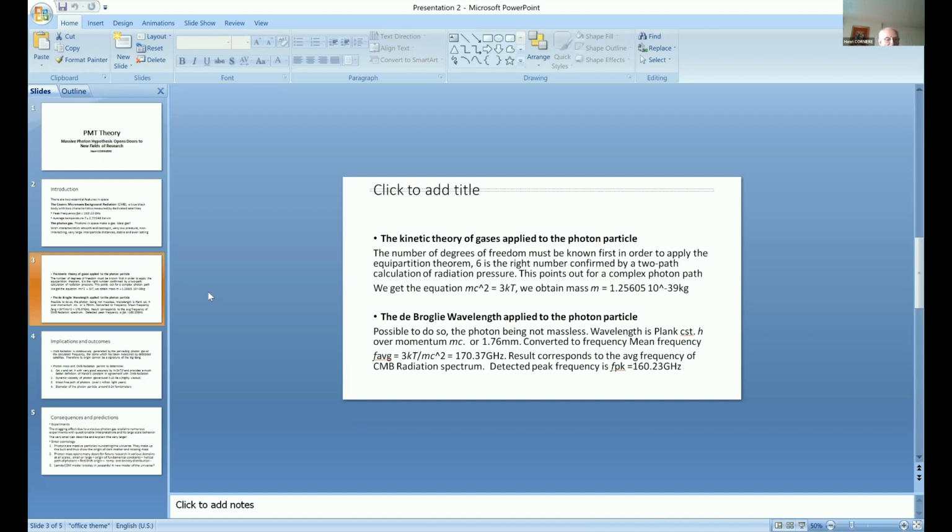This has been, as I said before, measured by dedicated satellites. So you see those two close frequencies. One is the peak, and one is the average, or mean, frequency. There is a very strong correspondence between satellite data and the photon gas derived frequency, as we did.